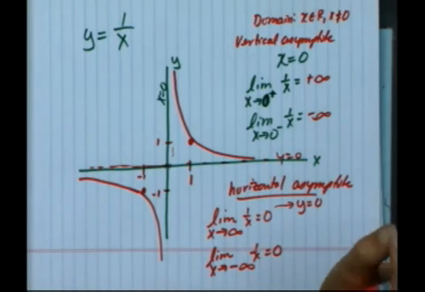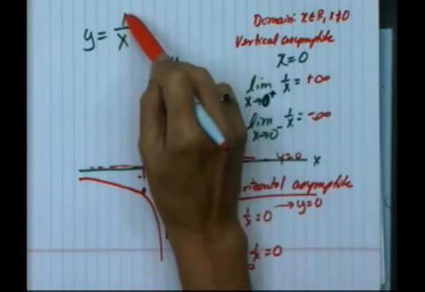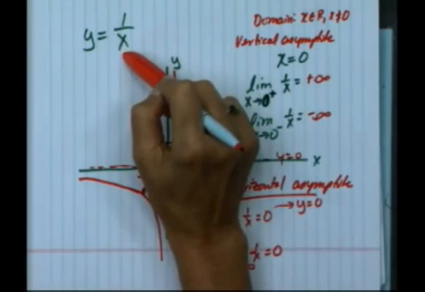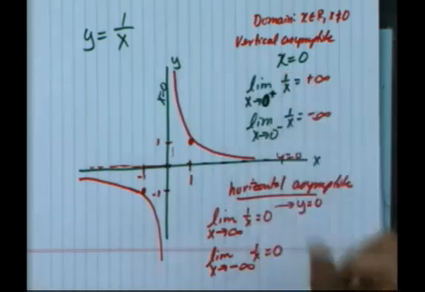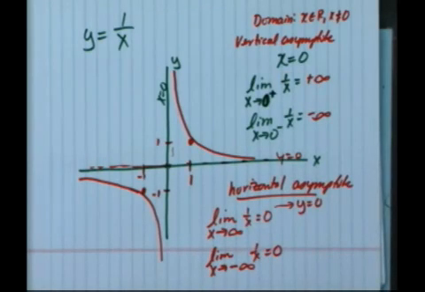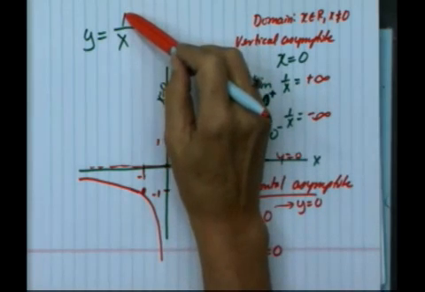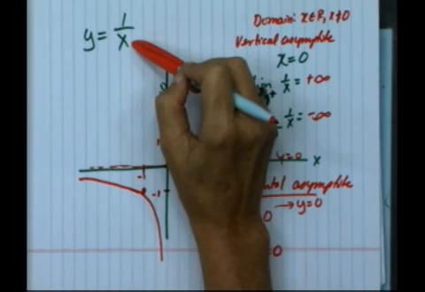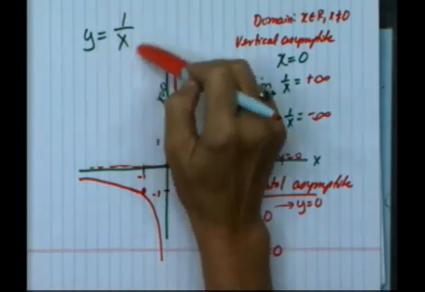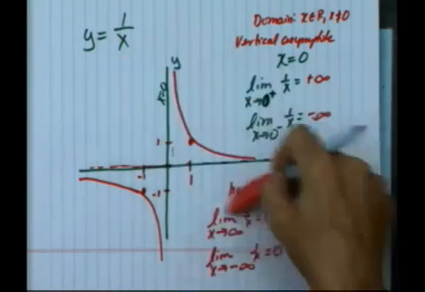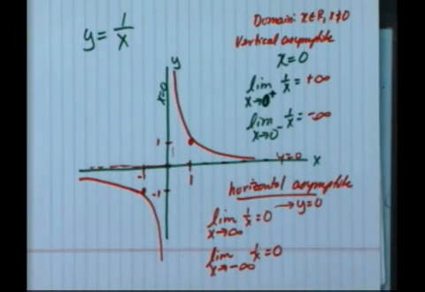In that case only. Whenever the degree in the top is less than the degree in the bottom, proper, y equal to 0 will be a horizontal asymptote. Okay? All right. So we're ready to have some fun, right? Let's have some fun.